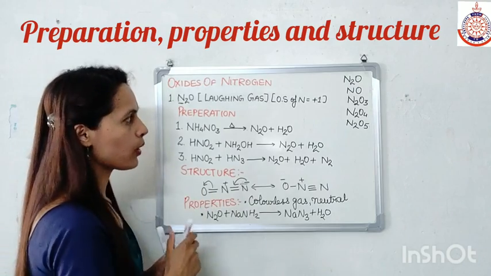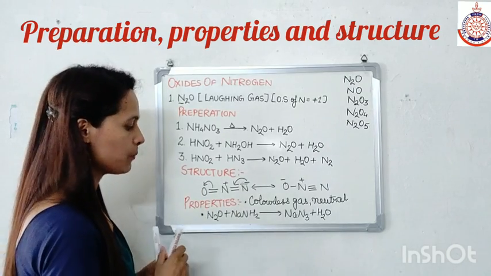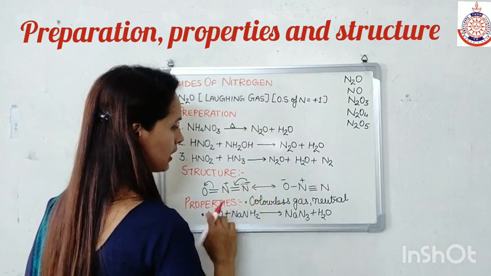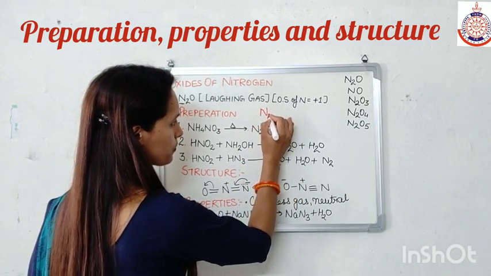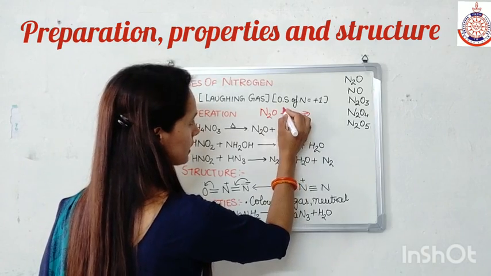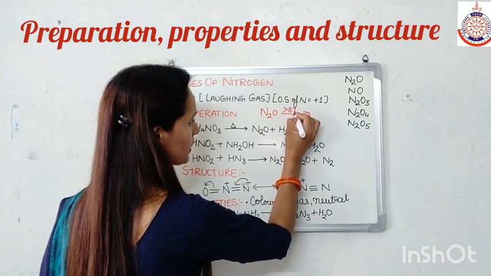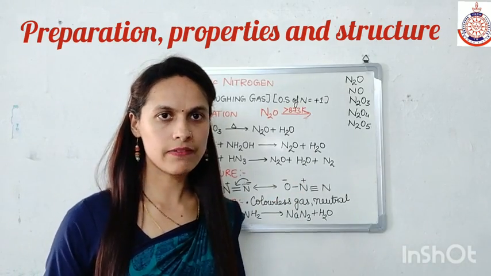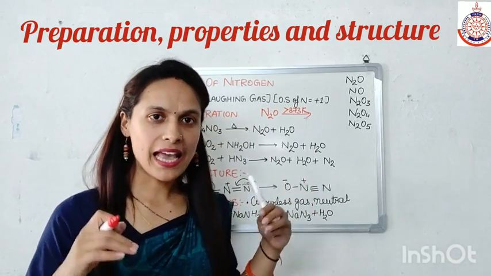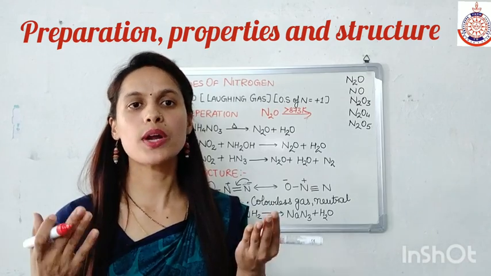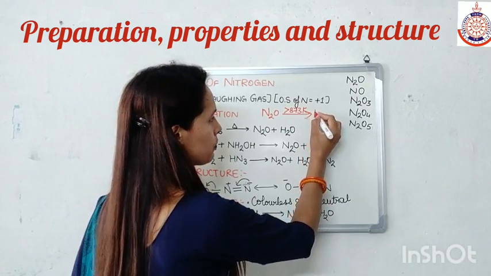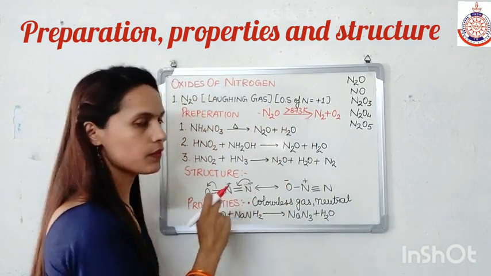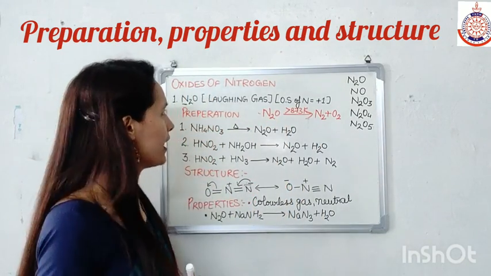So the next property I'll write here: N2O on heating above 873 Kelvin. When the temperature is below 873 Kelvin, it remains N2O. But as soon as the temperature reaches 873 Kelvin, it decomposes to give N2 plus O2. So this one is also a property of N2O.